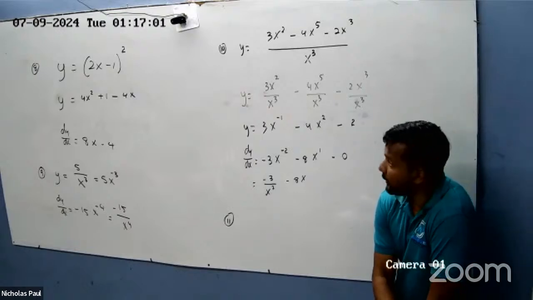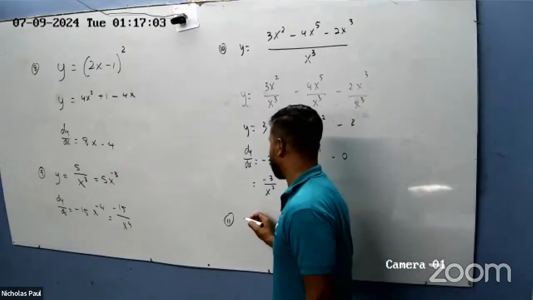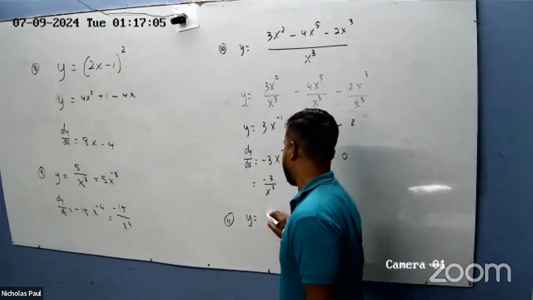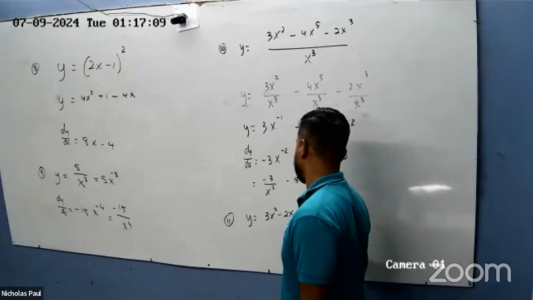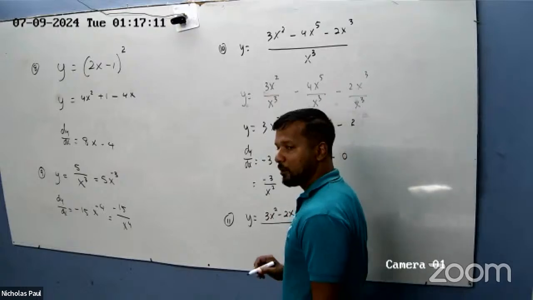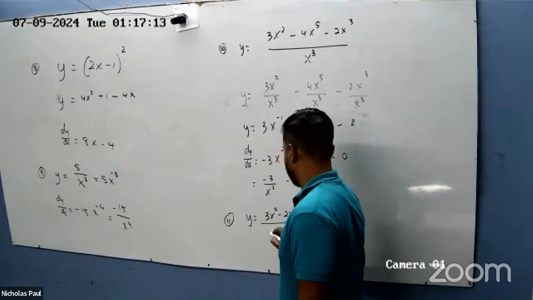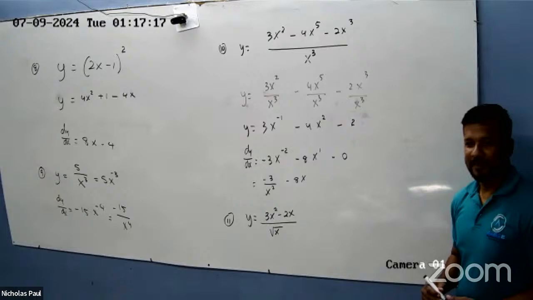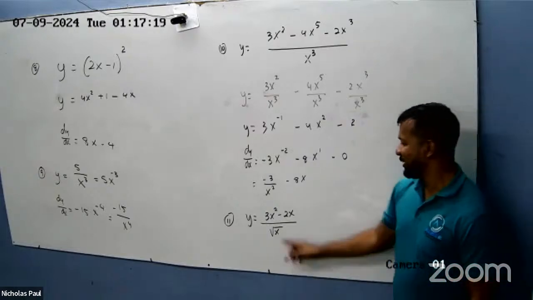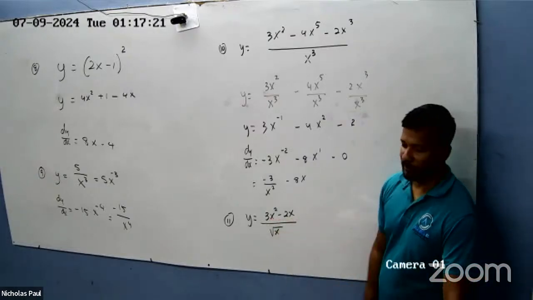I'll do something with that square root thing. 3x squared minus 2x over root x.